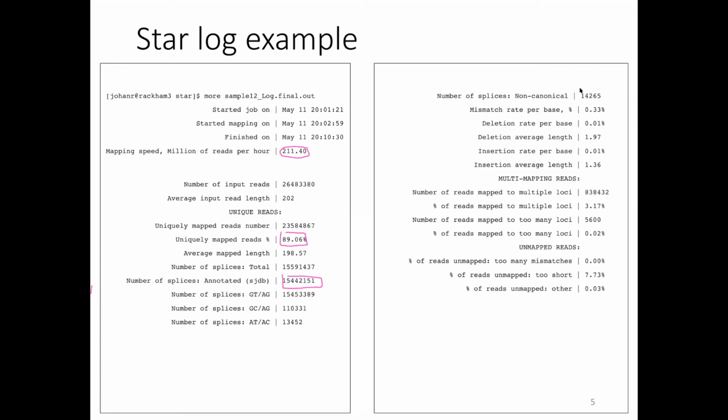And these are the non-canonical, so the ones that are not known. You can see that reads map much more preferentially to this one, and this one is most likely just noise. And then you get how many have been multi-mapped here, and the reason why they were unmapped, which in this case is because they were too short. There was just no place where they could get all these seeds mapped.